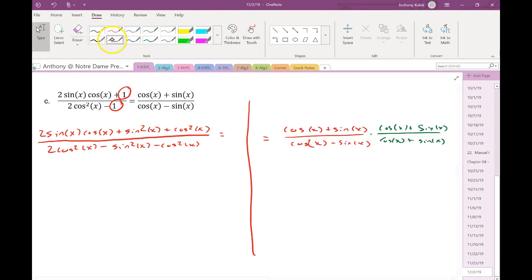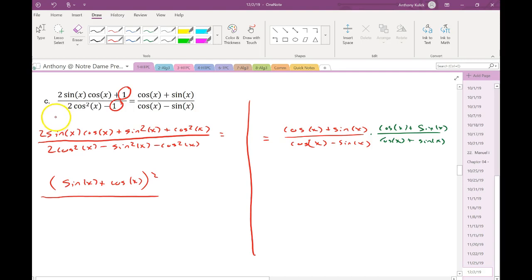Okay. On the top, that factors into sine x plus cosine x quantity squared.